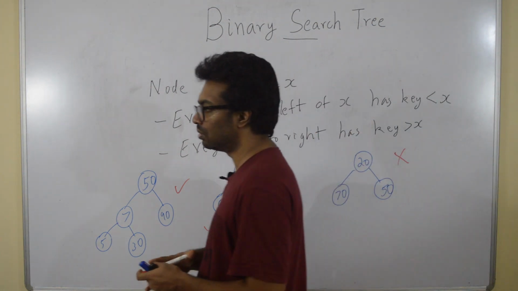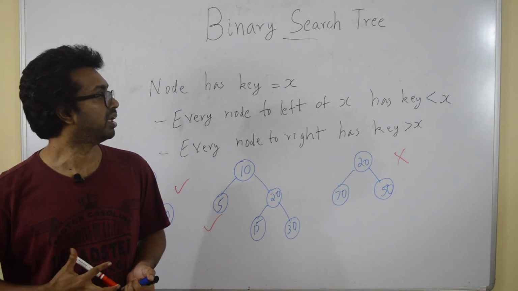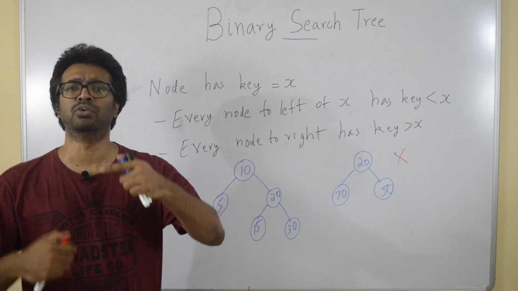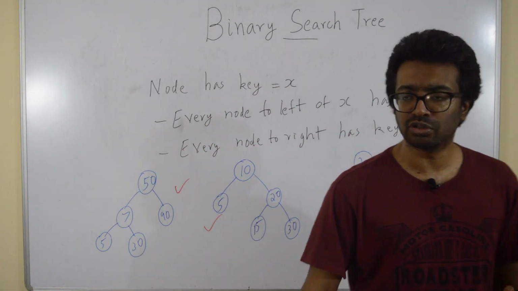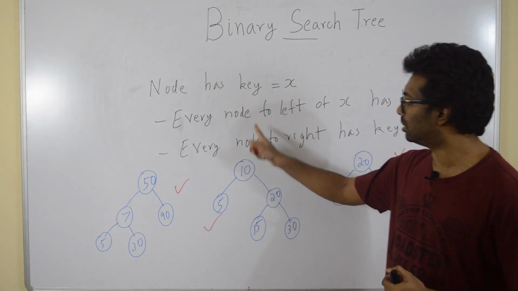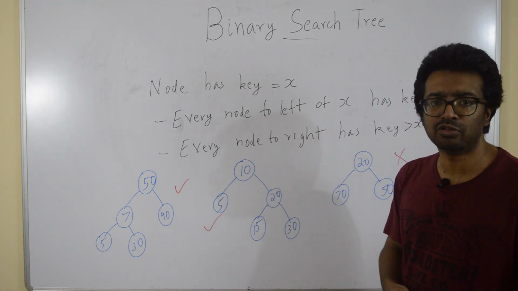Now I have to argue a few things, right? I have to argue how you search in a binary search tree, because I'm telling you that it's easy. So these are all keys. Now what will be the value? The value can be anything.